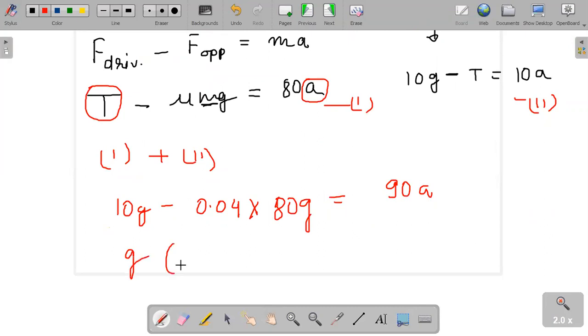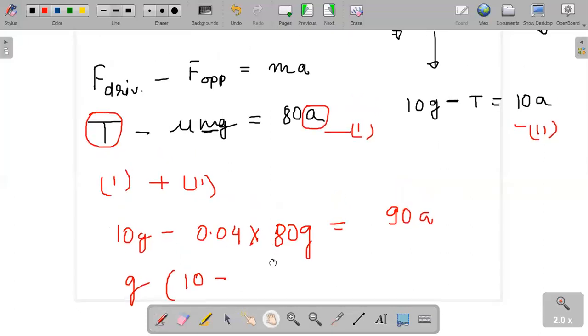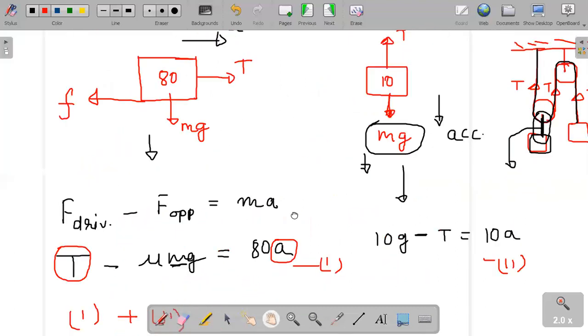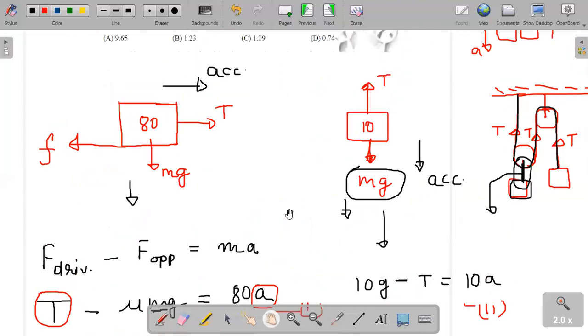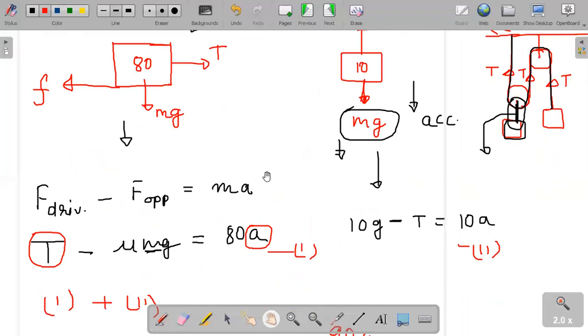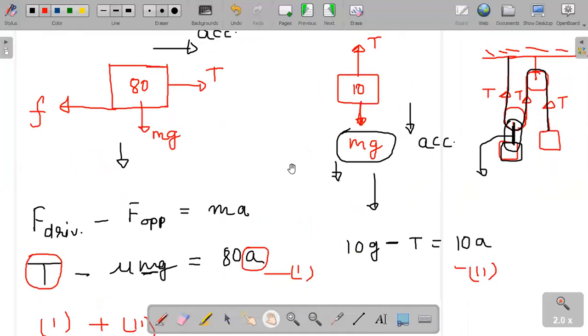G common. हेलो सर. हाँ बोलो. सर ये जैसे अपन अभी पढ़े कि टेंशन इक्वल है सेम स्ट्रिंग पे, तो यहाँ T कैंसिल कर देंगे या T इक्वल्स टू A रख सकते हैं? T तो टेंशन हो गया ना, और A तो एक्सलेरेशन हो गया, तो T इक्वल टू A नहीं समझा. नहीं, ये सेम स्ट्रिंग पे दोनों की वैल्यू इक्वल रहेगी ना.